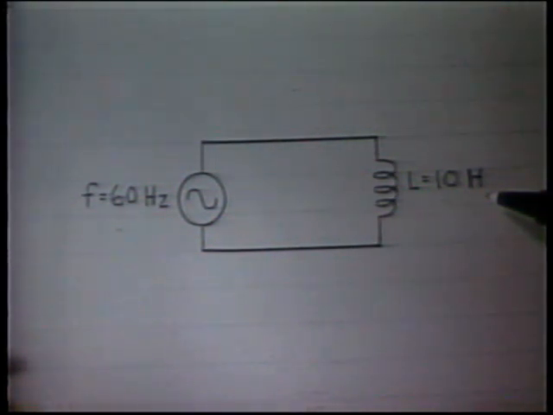Now let's solve some problems concerning inductive reactance to better understand this type of opposition to current flow. In the circuit shown, assume that the resistance of the inductor is 0 ohms. The frequency of the voltage source is 60 hertz, and the inductor, L, is a 10 Henry coil.